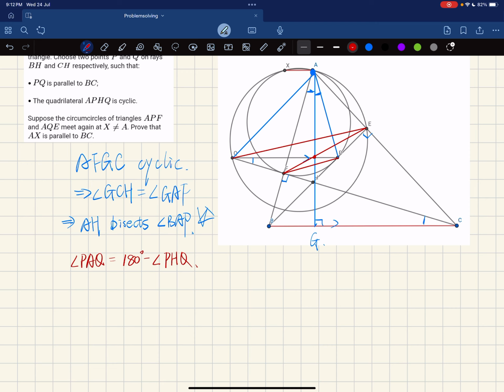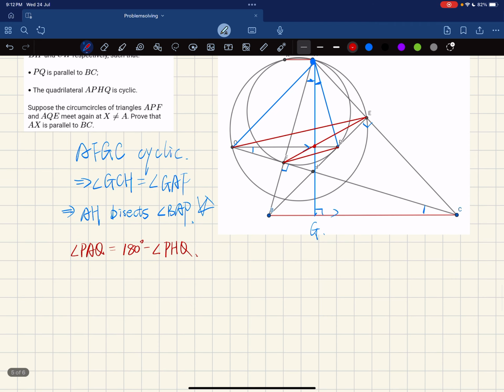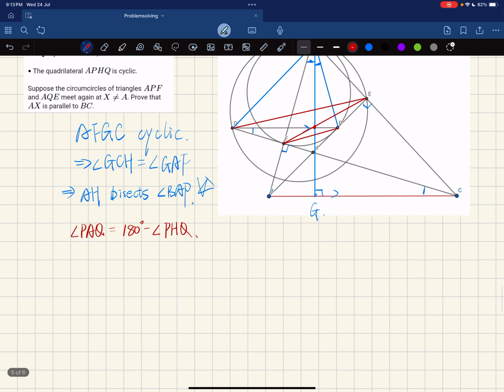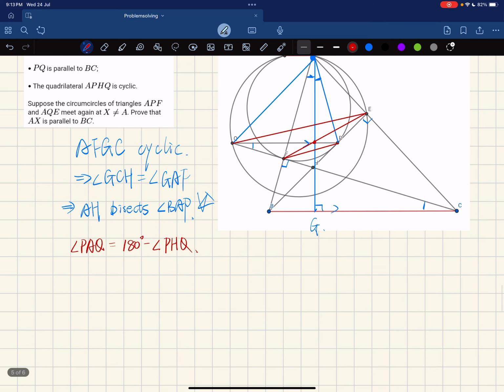That's because APHQ is cyclic, and also because the quadrilateral AEHF is cyclic, the angle EAF plus angle EHF also equals 180 degrees.